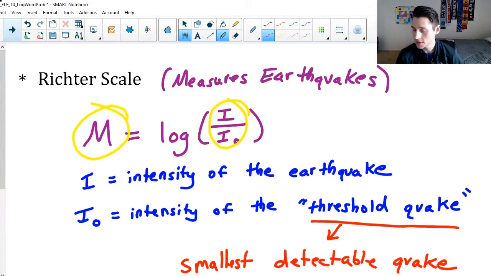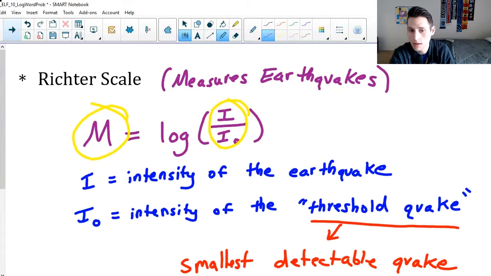So we're going to talk about applications that we can use with logarithms. So a couple that are pretty relevant and pretty common things that affect us. So the first is the Richter scale, which we know measures earthquakes and how intense they are. And so the formula is that purple equation, right?